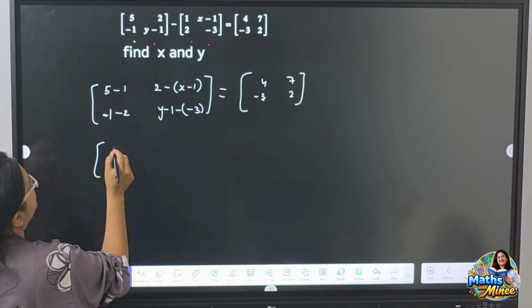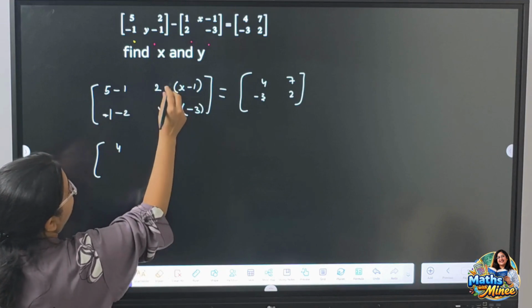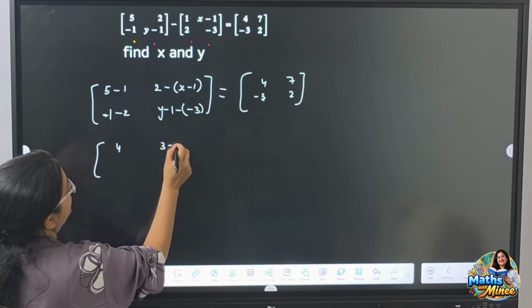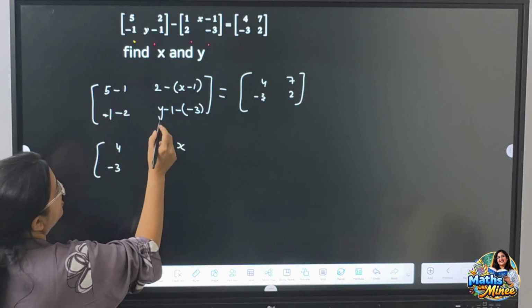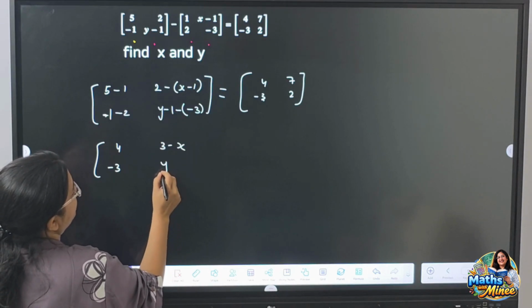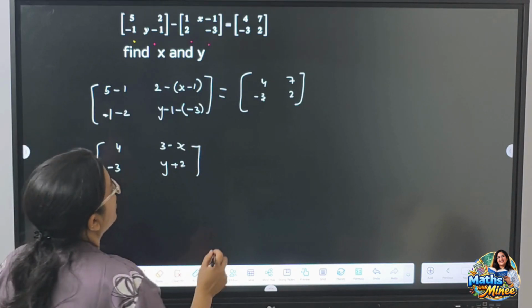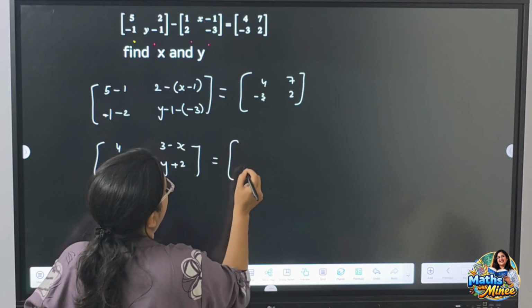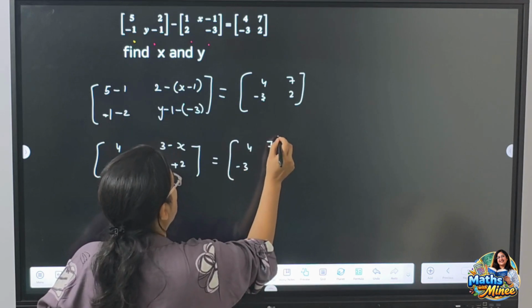Now if you write it down, that is 4, 2 minus x plus 1. It means that it is 3 minus x, minus 1 minus 2, that is minus 3, y minus 1 plus 3. It means that it is y plus 2, which is equal to 4, 7, minus 3, 2.